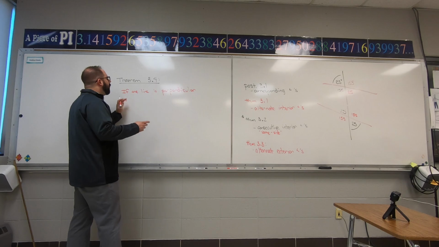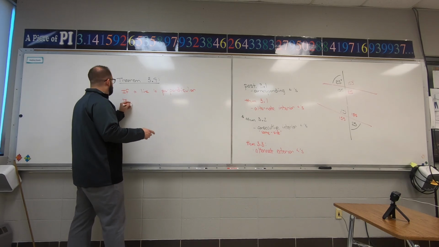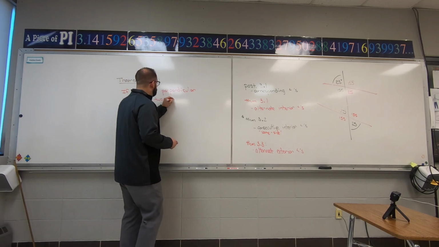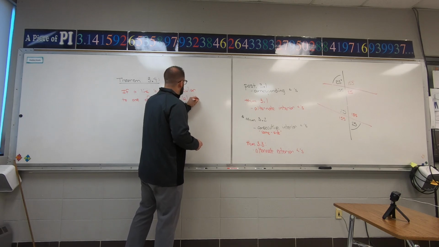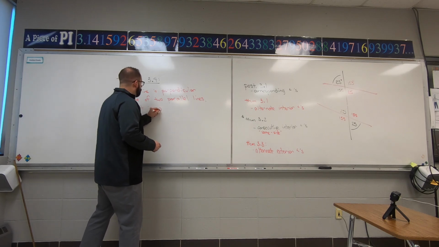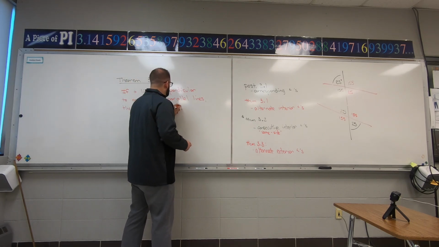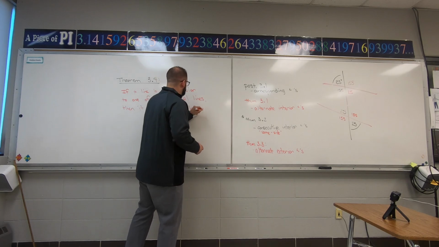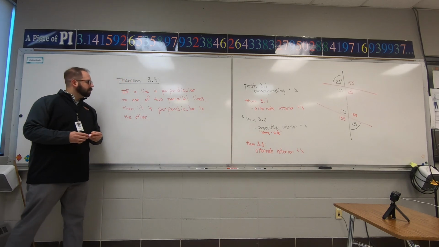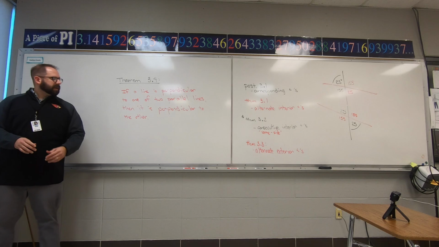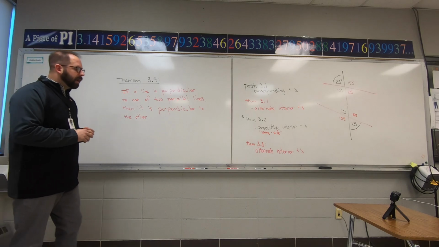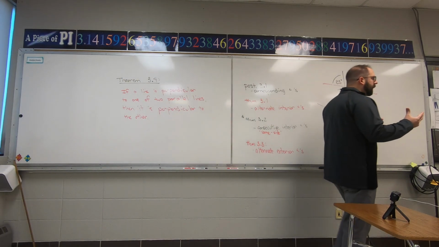If a line is perpendicular to one of two parallel lines, then it is perpendicular to the other. Let you write that down. I'll explain it here in a minute. This is a rare case I kind of hinted at yesterday.